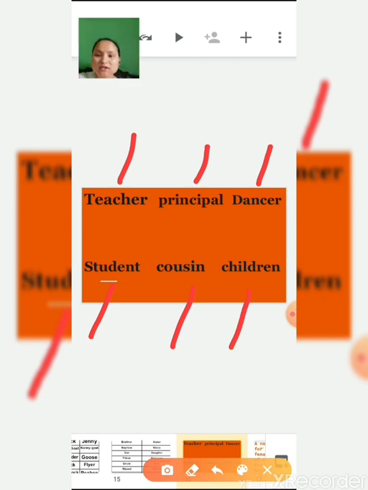Children, seeing those words, you all know one thing was common in all the earlier words: some words were denoting male and some were denoting female. Now can you tell me which word is for female and which is for male?